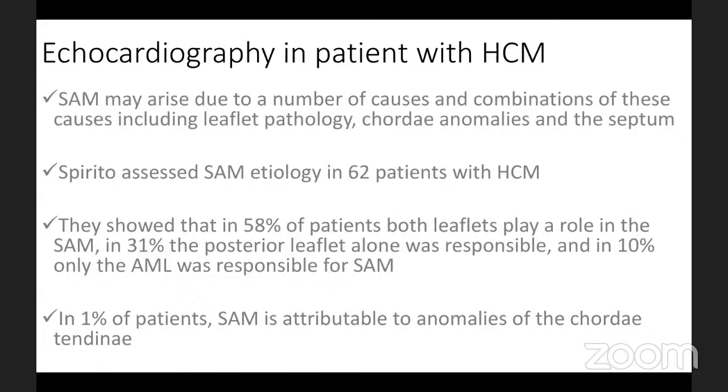Spirito assessed the SAM etiology in 62 patients with hypertrophic cardiomyopathy, and they showed that in 85% of patients, both leaflets play a role in SAM, in almost 30% the posterior leaflet alone was responsible, and in 10% only the anterior leaflet was responsible for SAM. And they found in 1% of patients SAM was attributable to anomaly of the chordae tendineae.